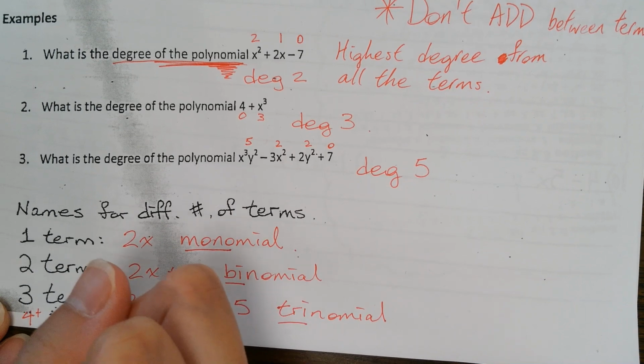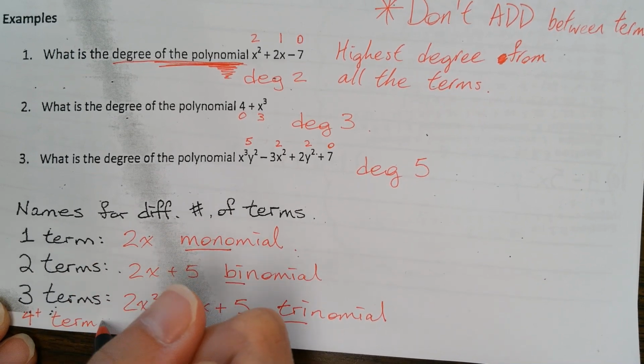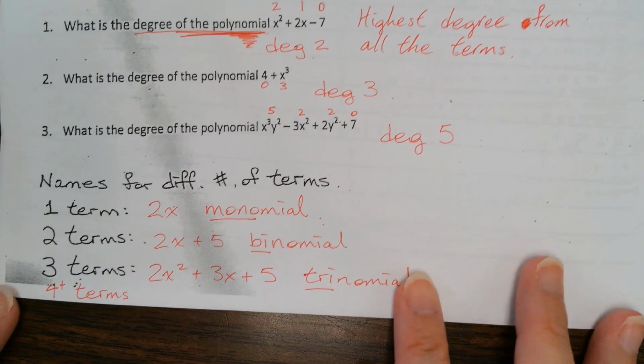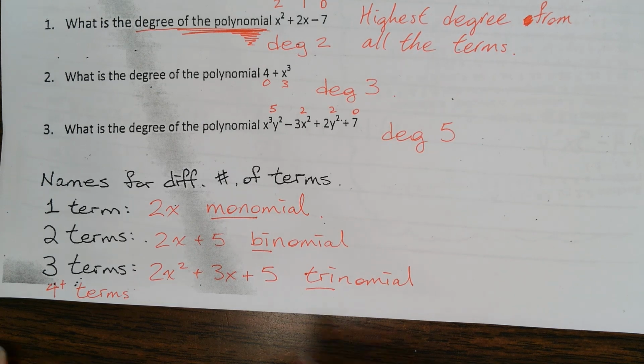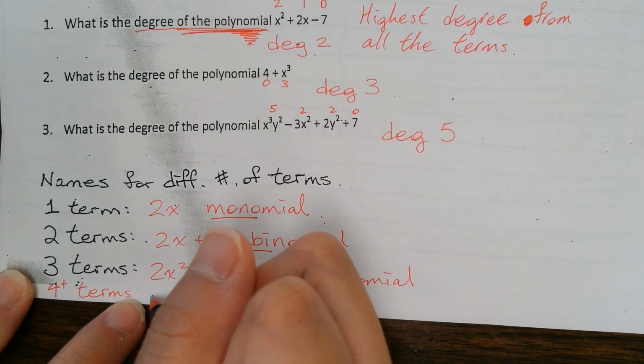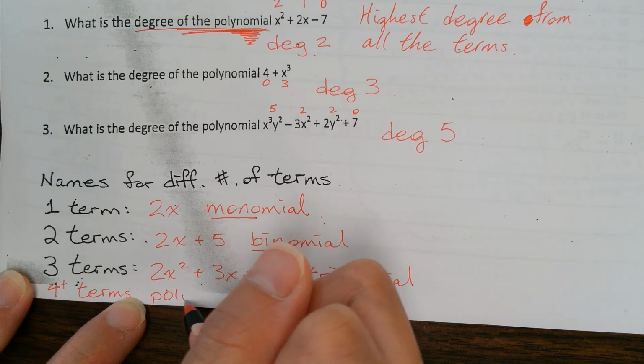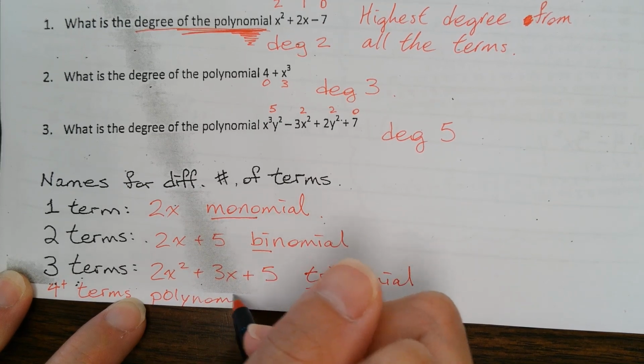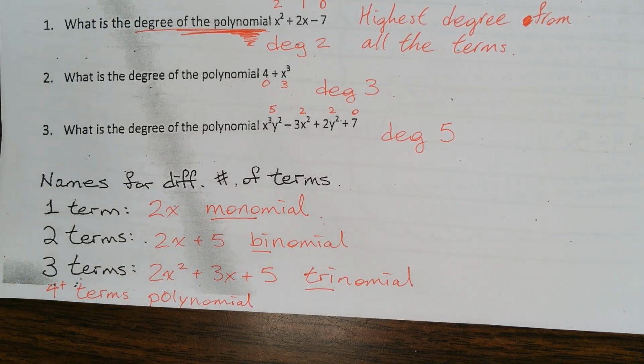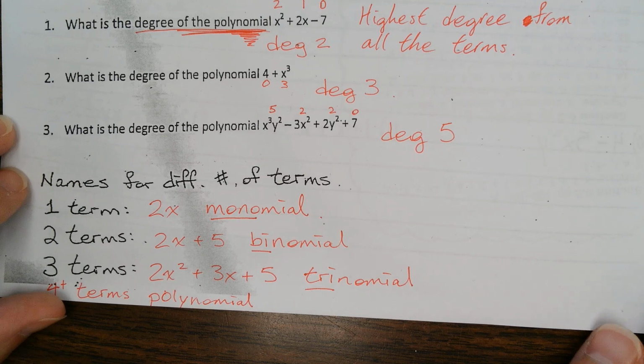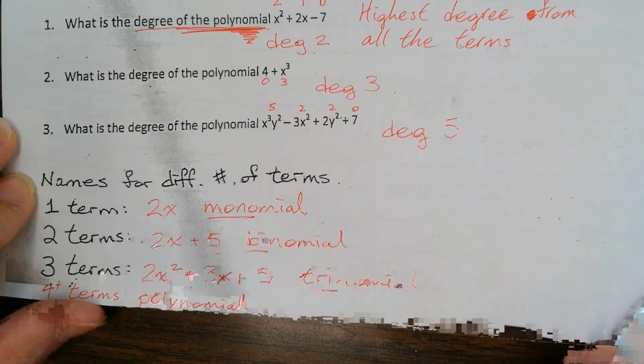Well, you're on a roll today, Mohini. 4 plus terms. So we don't call it quad because then the list just goes on forever. So we just call anything more than that just a polynomial. I don't think there's such a word as quadnomial.